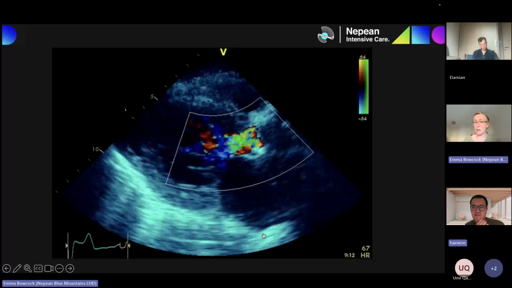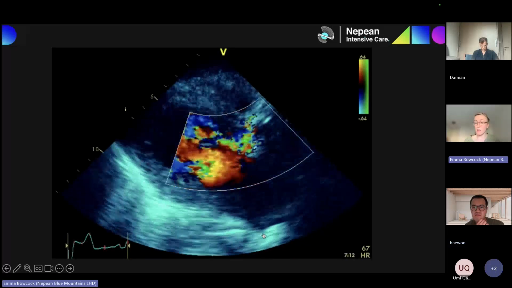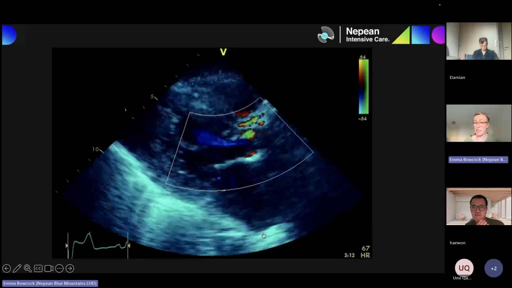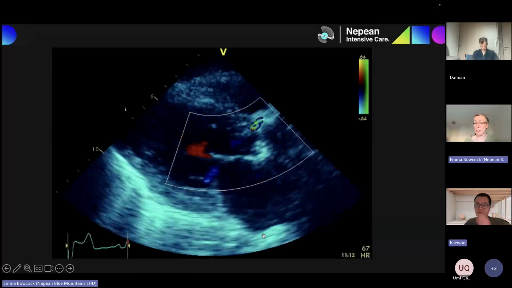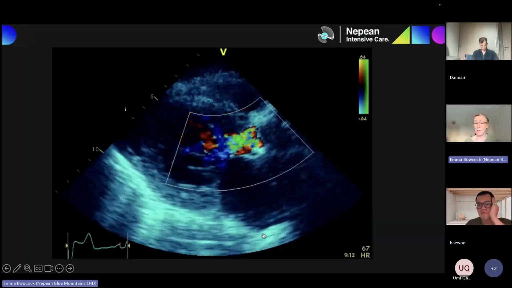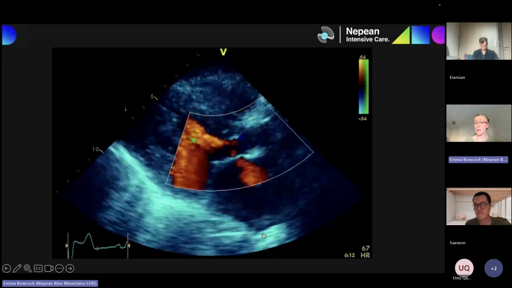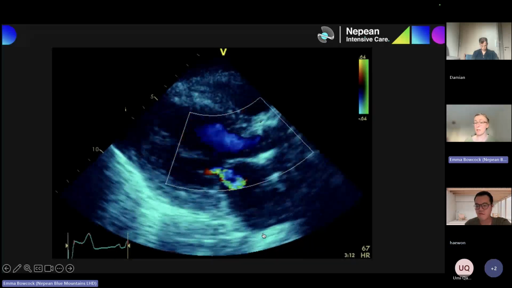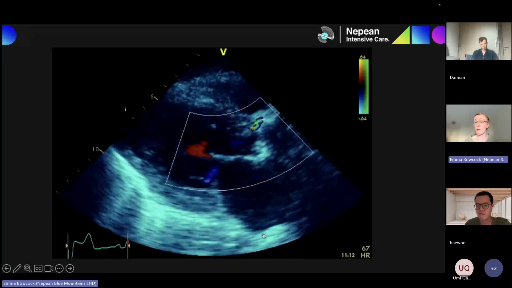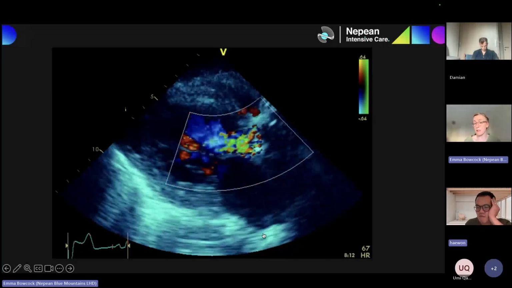There is significant turbulence on color flow, with what looks like a very broad, severe jet. I'd want to quantify that more, but it looks very concerning that this is significant and severe. Given the LV size and function and the clinical history, it's more in keeping with an acute aortic regurgitant process, maybe acute on chronic, with this lady's history.